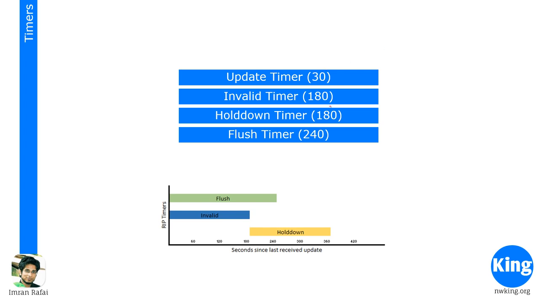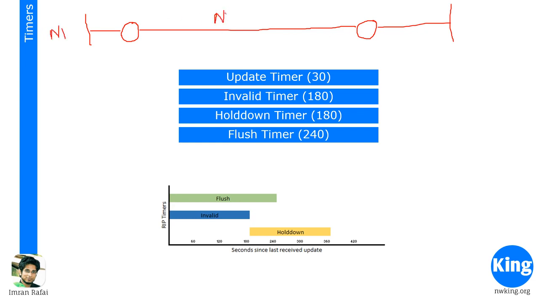So let's say this is router 1 and this is router 2, and this has a network here and this has a network here. This is N1, network 1, this is N2, network 2, and this is N3, network 3.